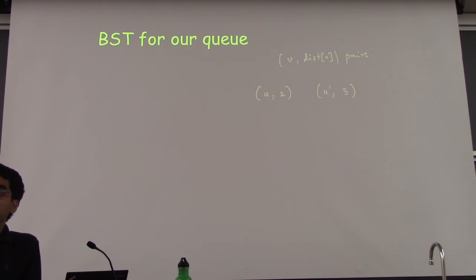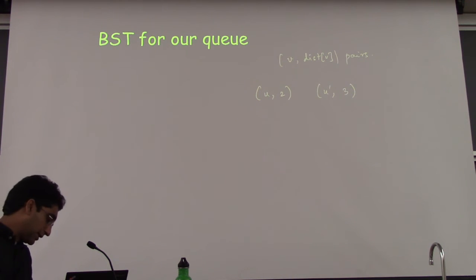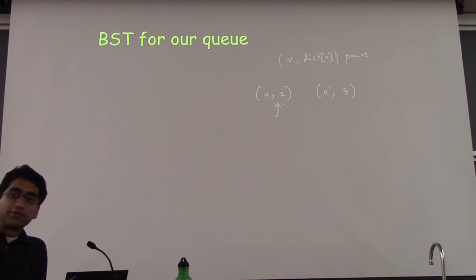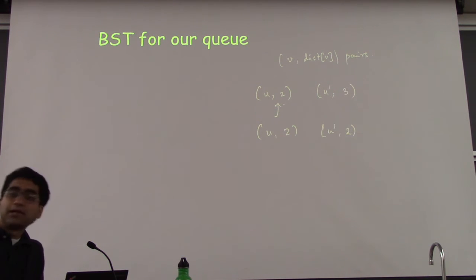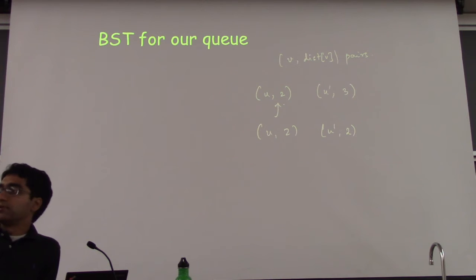Which one would you want to be the smaller one? Yeah, the one with distance 2, right? Because we are interested in finding the element of smallest distance. Then you could say, oh, okay, so what if you had u with distance 2 and u prime with distance 2? This is a little bit of a degenerate case, but you have to distinguish between these two, right? Because they are different things. So how would you compare them?